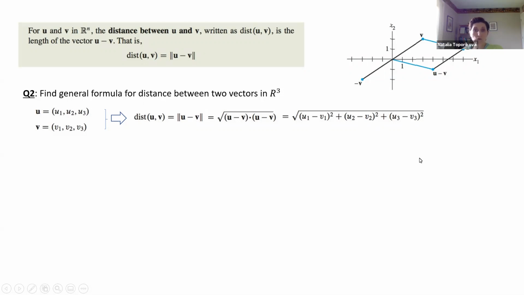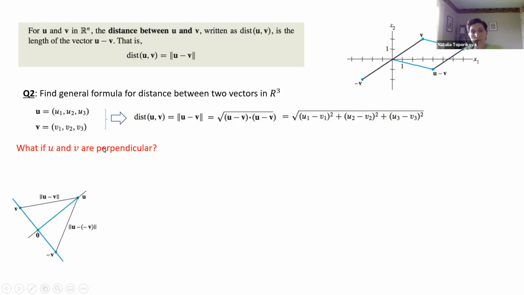That works for any vectors u and v, but a more interesting case happens when our vectors u and v lie on perpendicular lines, like over here. We say that they are orthogonal, because the basic idea of perpendicularity in multidimensional space is usually referred to as orthogonality.